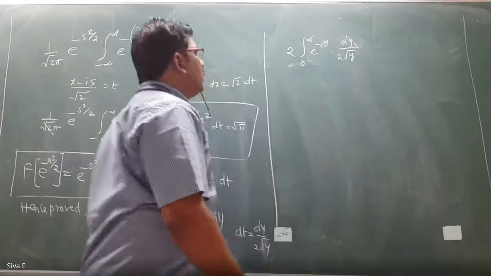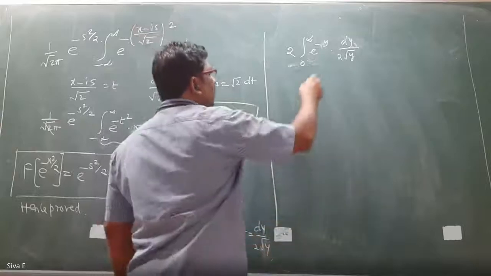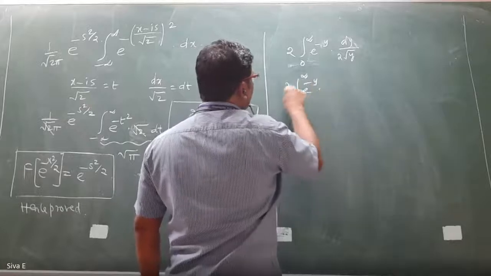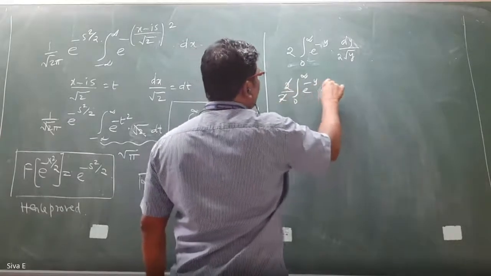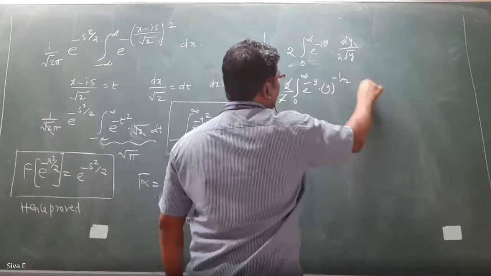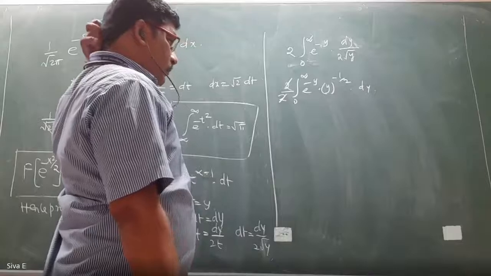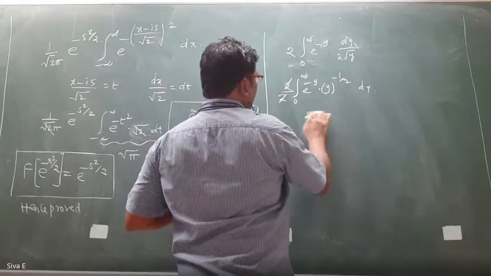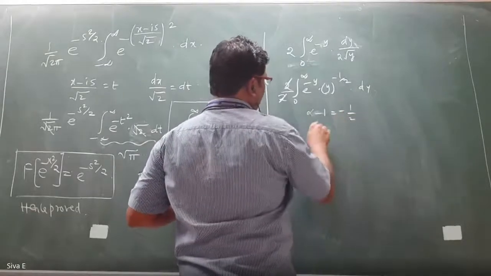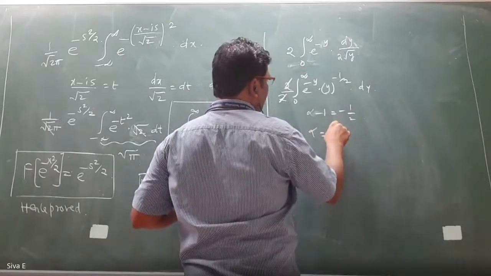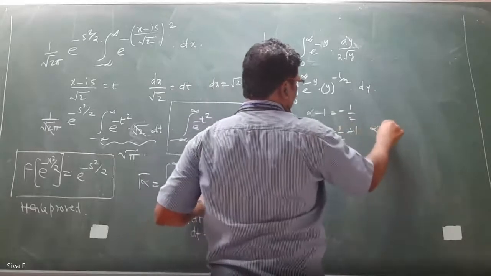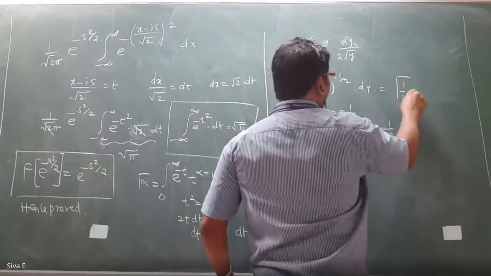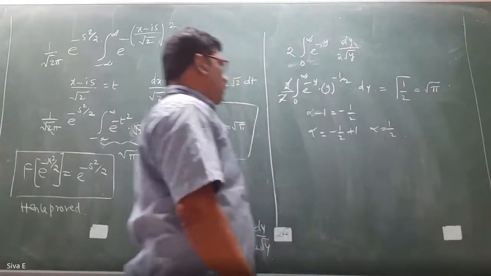The 2 gets cancelled: e power minus y, y power minus half dy. So alpha minus 1 is minus half, alpha equals minus 1 by 2 plus 1, so alpha equals half. Therefore this is gamma of half, which equals root pi.